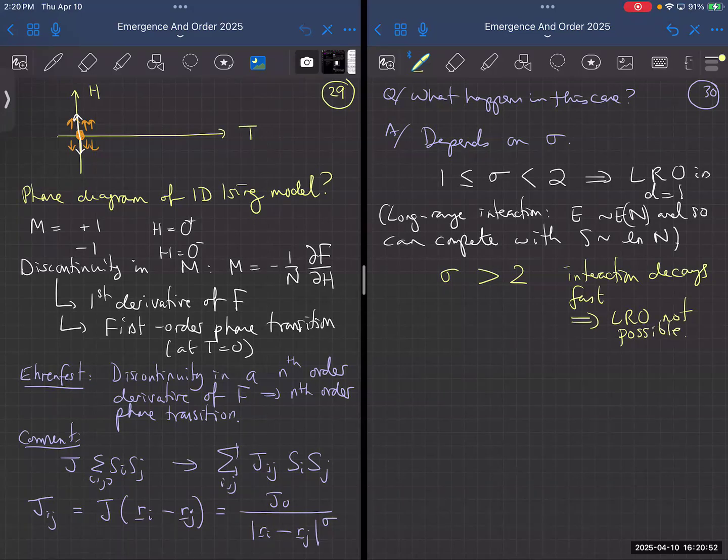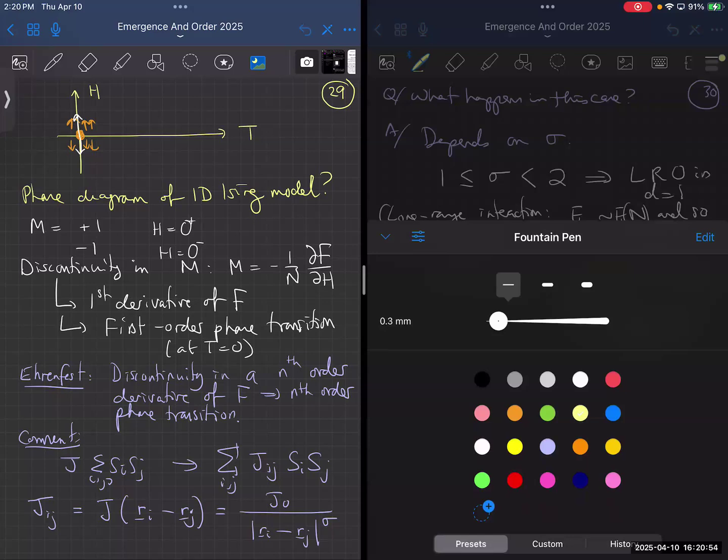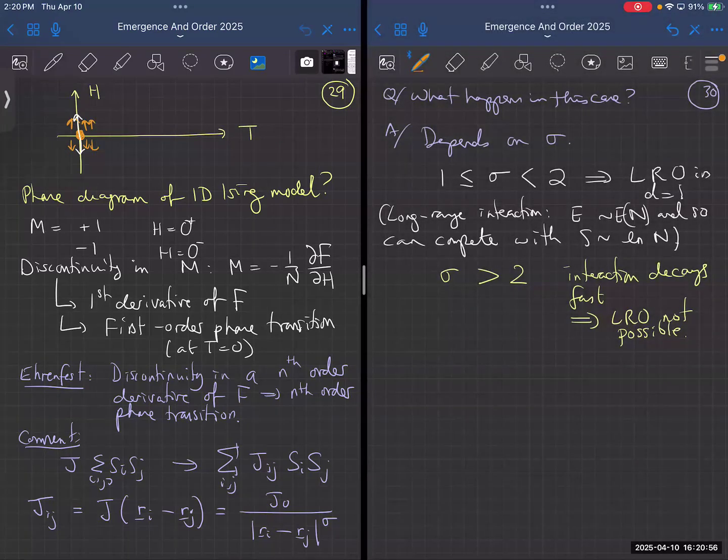Okay, so those are the cases. And then you might say, oh, well, there's another case that you didn't mention. What about if sigma is less than 1? I've got 1 less than sigma less than 2, I can have long range order. What about this case? What do you think happens in this case?